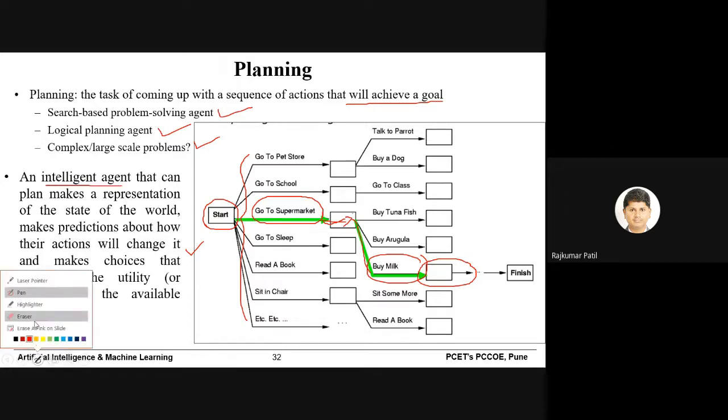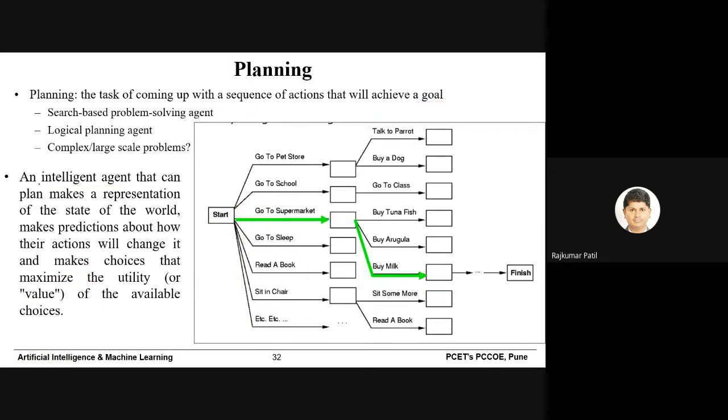So whenever you are designing an intelligent agent or a system, you need to develop such type of knowledge representation, and accordingly it should be trained. And your agent should be in a position, if a certain situation is given to it, for example buying the milk, to identify the best path, or the best plan to accomplish the task.